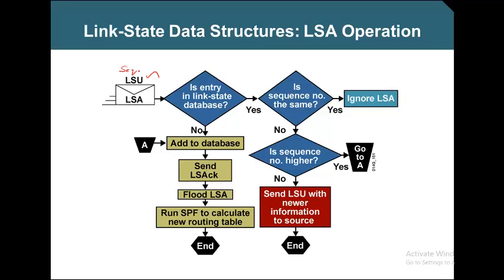Now, first, this router checks whether my database has something in it or is empty. If it is empty, nothing in the database, then whatever comes in, just add it to the database. Because your router is fresh, just started.